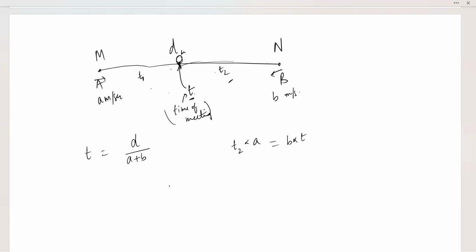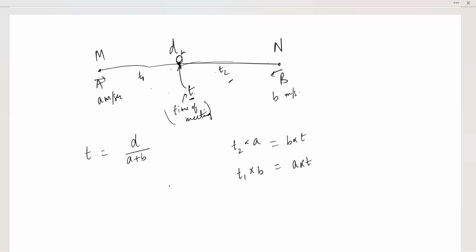Similarly, I can use the relation for T1. So T1 was the time taken by B to travel the distance from O to M. So T1 into B is equal to A times T, because this distance was also traveled by A in time T, which is the time of meeting. Okay.